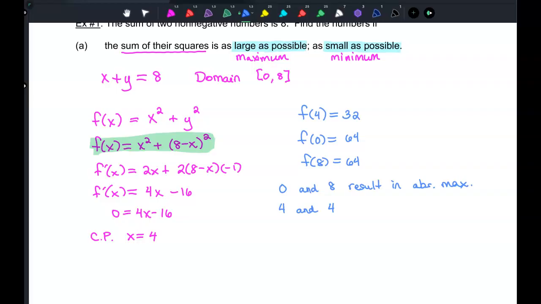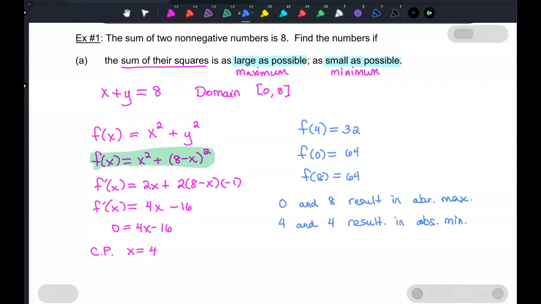Well, remember, if the one number is 4 and they have to add up to 8, right? Or if the one number is x, the other one would be 8 minus x. So 4 and 4 result in an absolute minimum. Did you just put it 4, 4? Sure. Yeah, that's fine. You can put a comma. Good. Okay. Any questions so far?